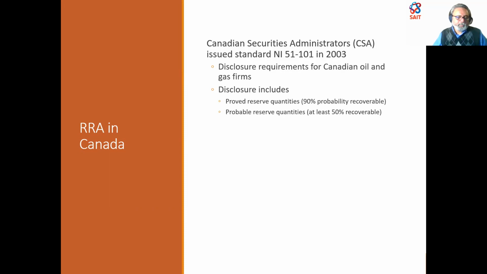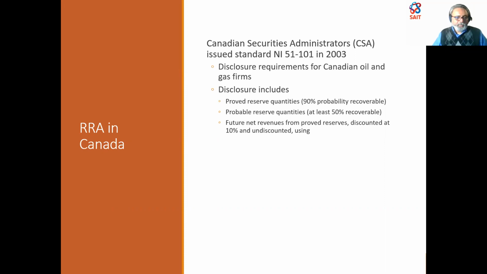So if an oil and gas company has additional reserves that have not yet been proven through geological means, but they are probable, i.e. there's a more than 50% chance of recovery, then in Canada, companies have to provide that additional bit of disclosure.